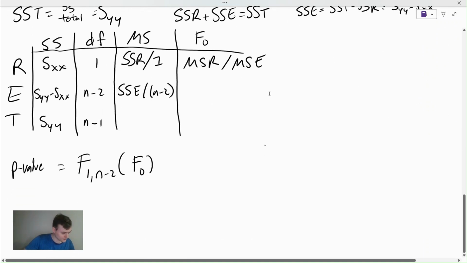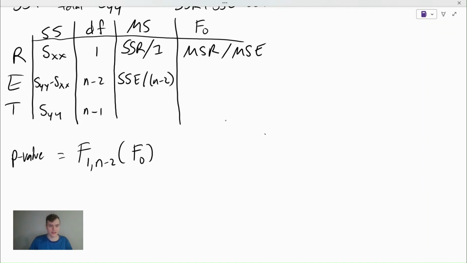And then this p-value is going to tell us whether the coefficient of the linear regression model is significant.